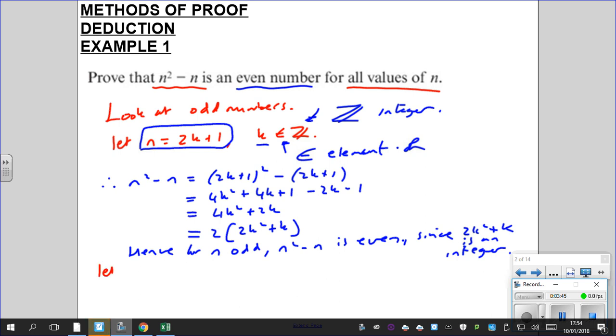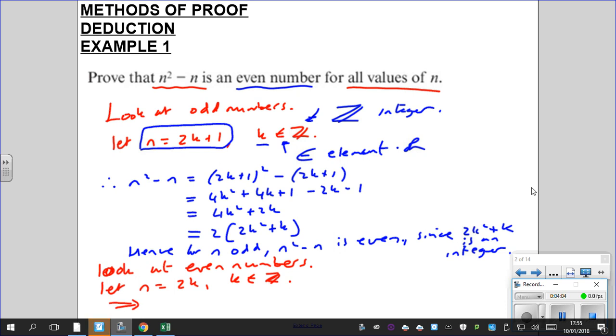This is easier. So let's look at even numbers. Remember, as we said, even numbers are divisible by 2. So this time we'll let n be 2k, where k is an integer.